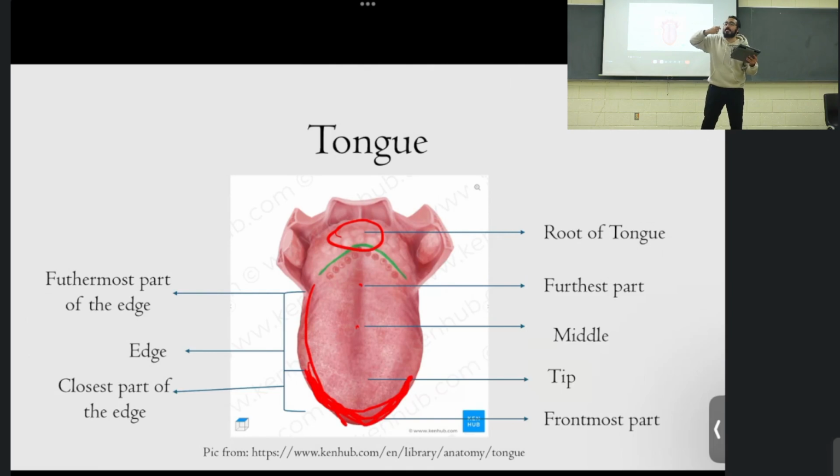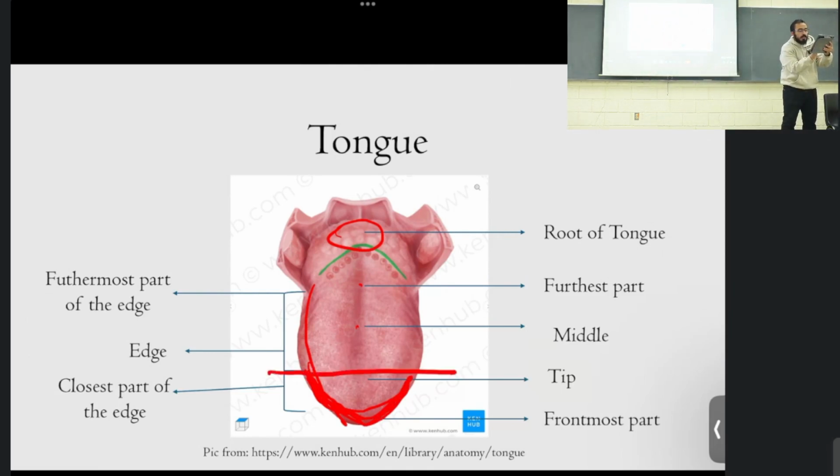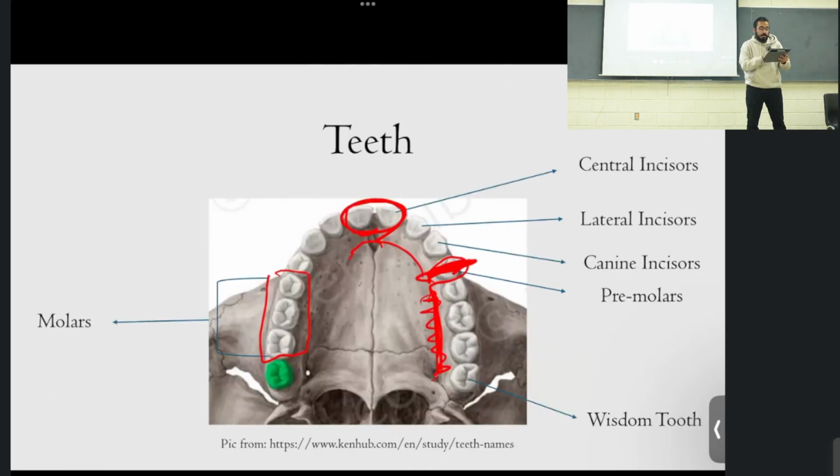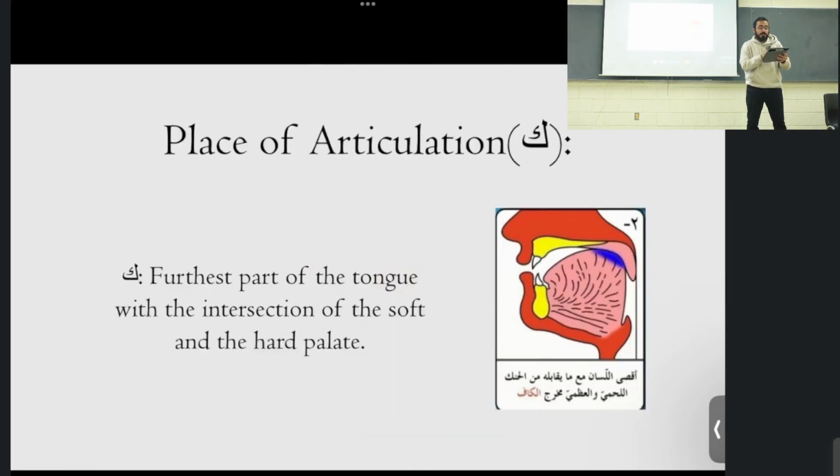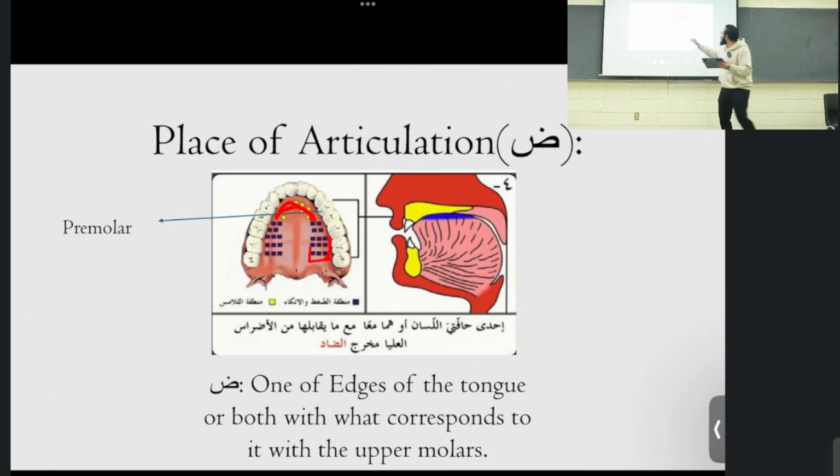So both edges. So this whole area, from here to here, is the makhraj of the lam from the tongue's perspective, right? From the upper palate perspective, that's where it is. So does that make sense?